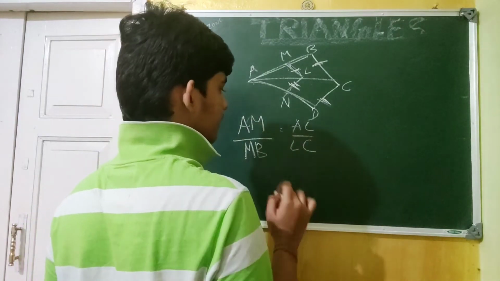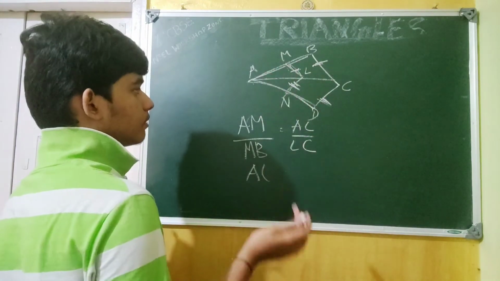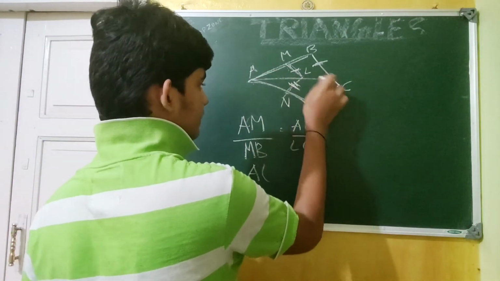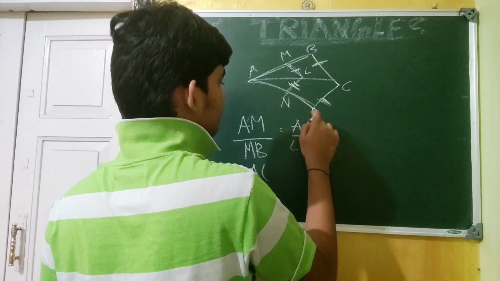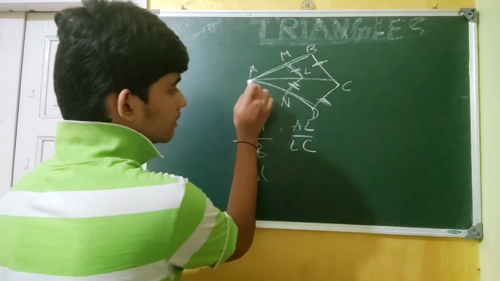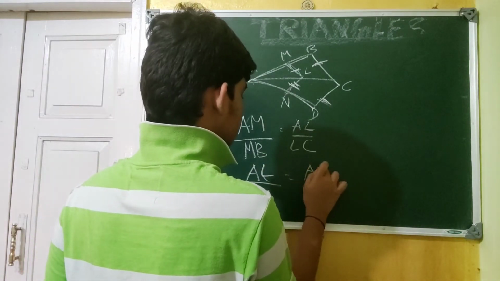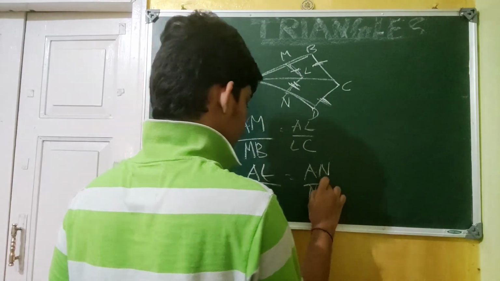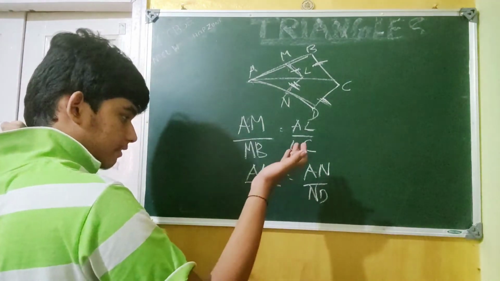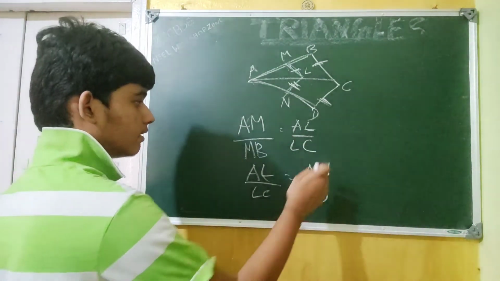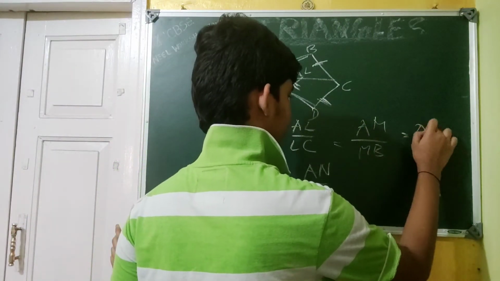In the other one, we have also written that these both are parallel, so according to the basic proportional theorem, AL by LC is equal to AN by ND. By taking both of these equations, you can take AL by LC as common because both of them are equal. This suggests that AM by MB is equals to AN by ND.